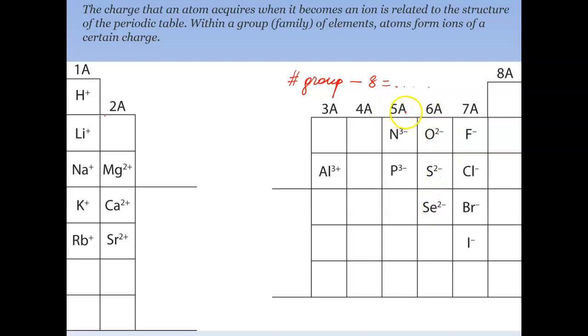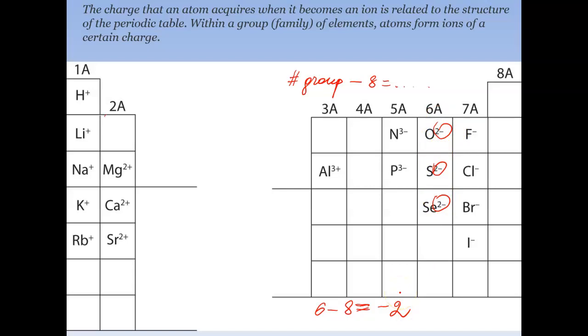For 5A, 3 negative. Because let's say for 6A, the group number is 6, so 6 minus 8 equals 2 negative. Okay, and we see this 2 negative here.